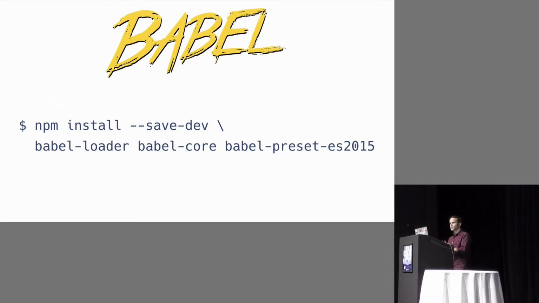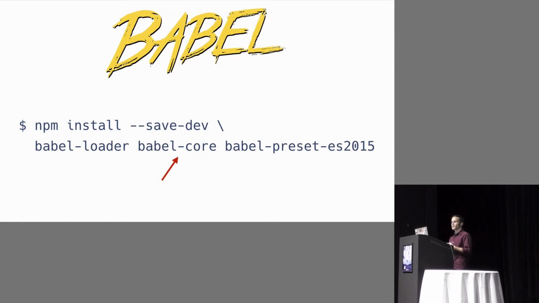Now to get Babel set up to work with Webpack, you'll have to install a few dependencies. You'll have to use npm again, and we'll use the save-dev flag, which is just saying I want to save these as development dependencies, not as full dependencies of my application, because we're just using this for building. We'll install babel-loader, and this is the tool you need that bridges the gap between Webpack and Babel.